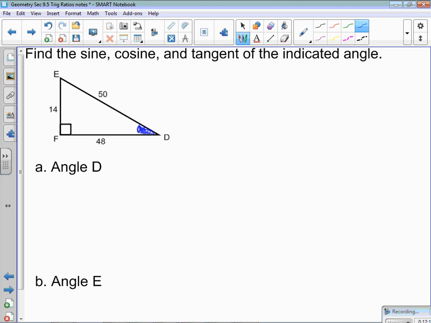ED is the hypotenuse, which has a measure of 50. All right, which side is the adjacent side? FD is the adjacent, and the opposite side.